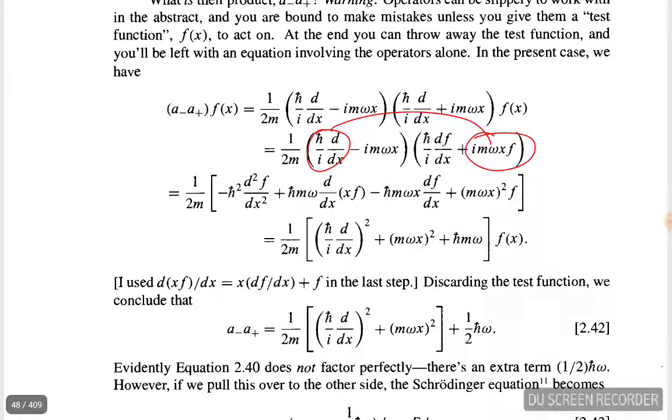Yep, he did the normal way. So then we get the i's cancel, we get h bar over m omega, and then we get the derivative of x times the function. However, when we do these terms, we now have x before you take the derivative. So this is how we get this non-commuting property, because this one you take the derivative of x, this one x is outside the derivative. And then we have our last term there, which there's no operation on it.